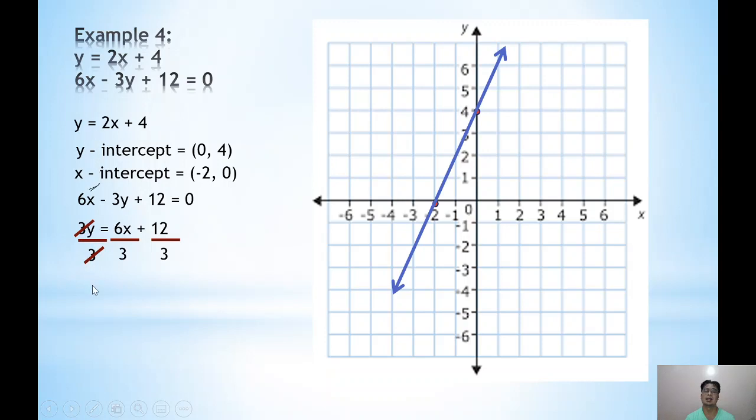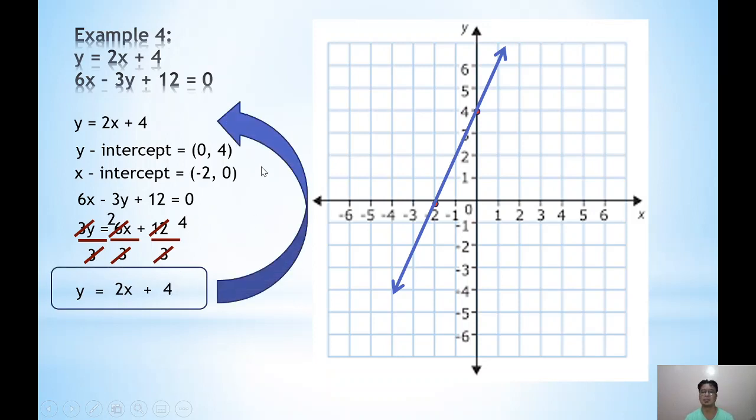Cancel, natira, y. Equals. Divide, matitira ay 2x, ayun. Copy natin yung plus, and then 4. So, we have here now 4. Ngayon, ano yung napansin natin dito sa maraming given na to? Ito yung na-simplify natin into slope-intercept form.